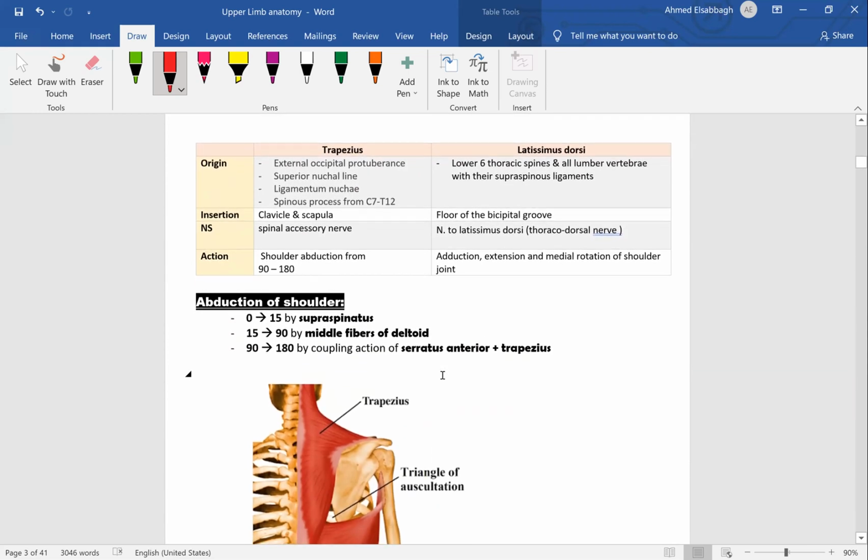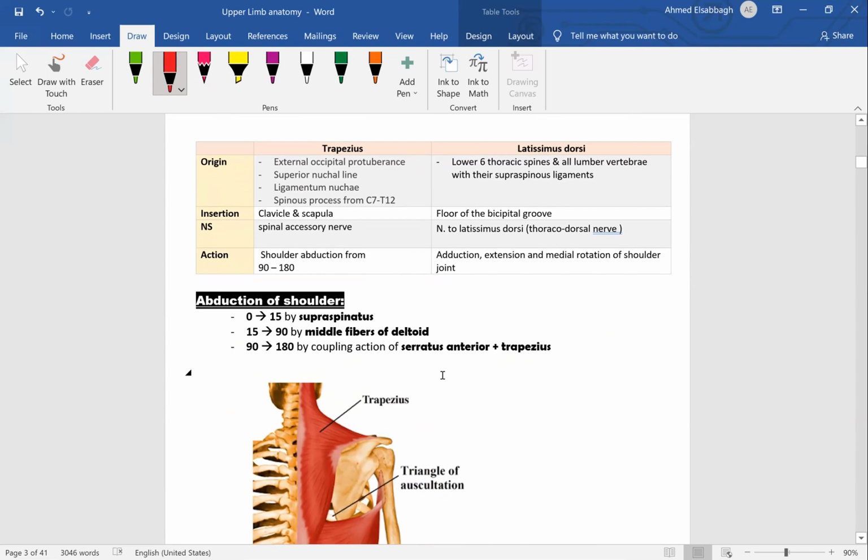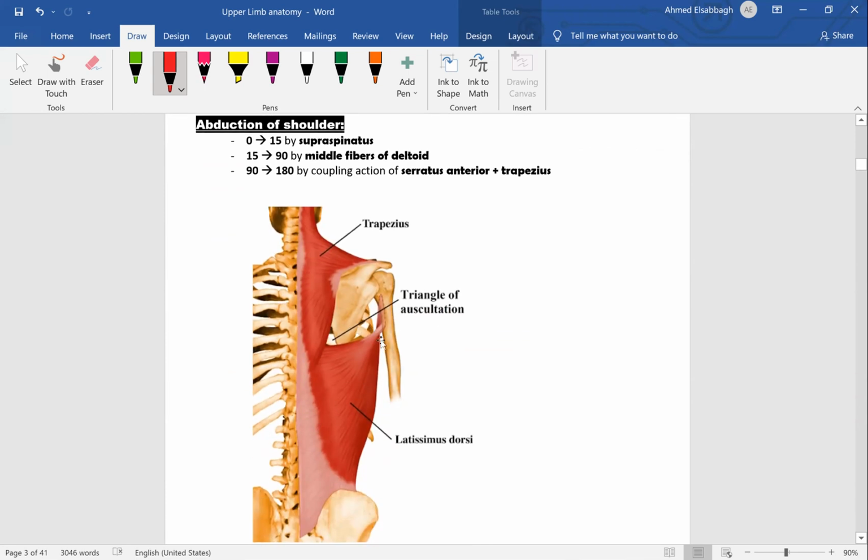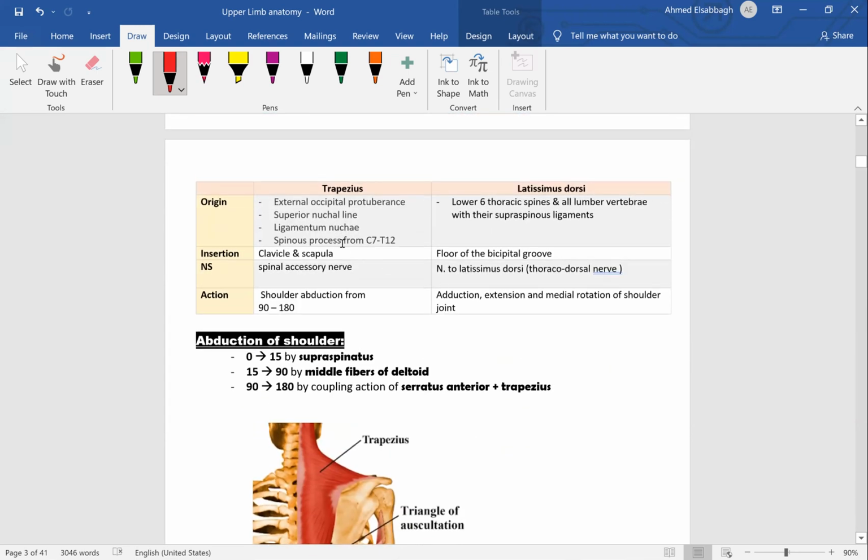Muscles of the back. We have two muscles in the back. The first one is called trapezius, this large one. The second one is called latissimus dorsi, this large one. The origin of both muscles is only important for part B, not for part A. The insertion of trapezius is not important. The insertion of latissimus dorsi is into the floor of the bicipital groove.